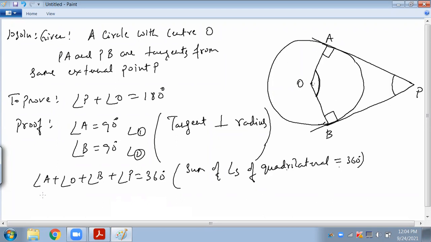Okay, but we know angle A and B are 90 each, so we can put it. Now we can just solve it. 90, 90 is 180.